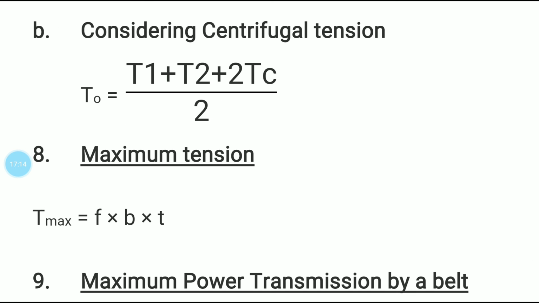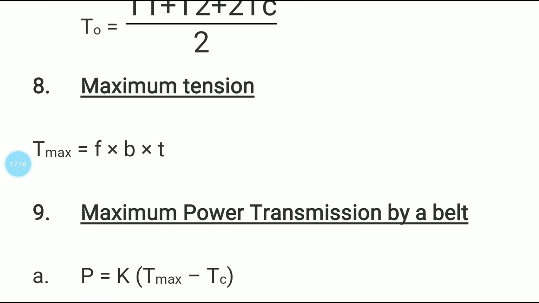Next, eighth one is maximum tension. T max is equal to f into b into t. Sorry, f is strength, b is breadth, and t is the thickness. This t will be given in the sum. This is not the maximum tension; this is considered as normal thickness t.